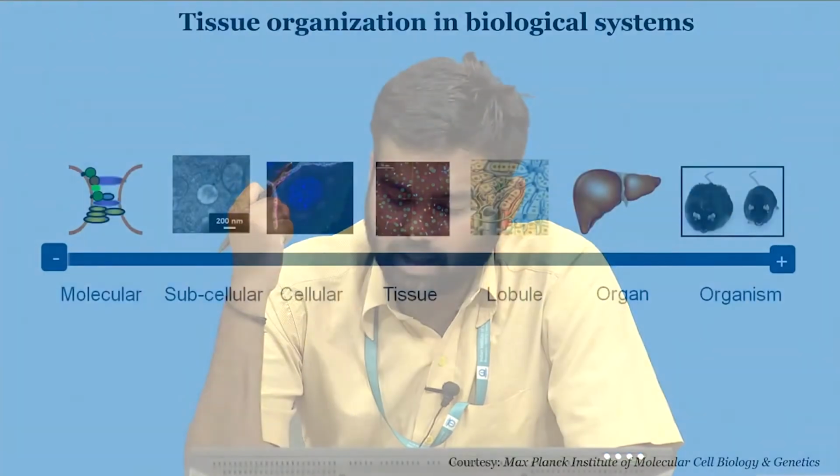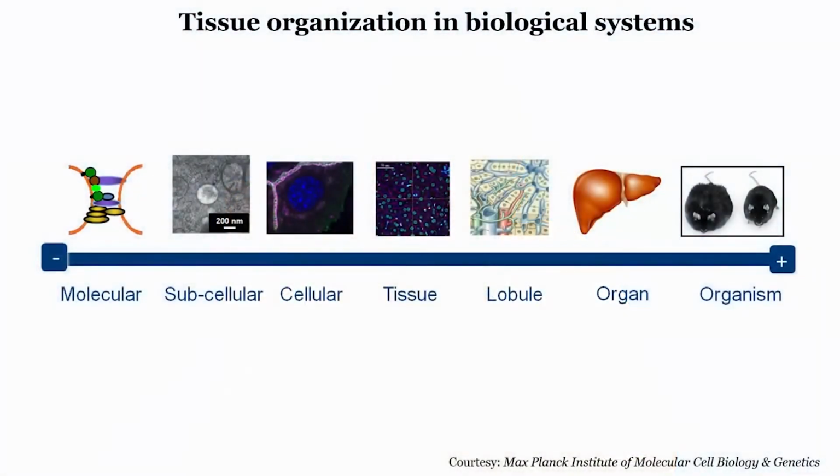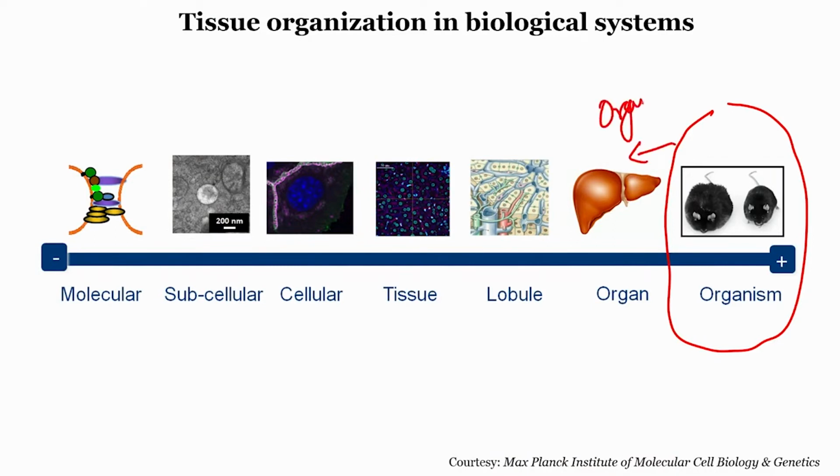So as a brief recap, we have seen the different levels of tissue organization, right. So we have seen that organism is there, and then organism is composed of organ systems. Organ systems are then composed of organs, we have covered all this last time, and then organs are supplied nutrients by the blood vessels and the lobules.